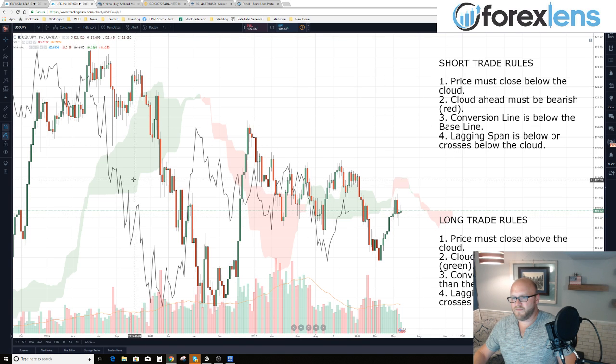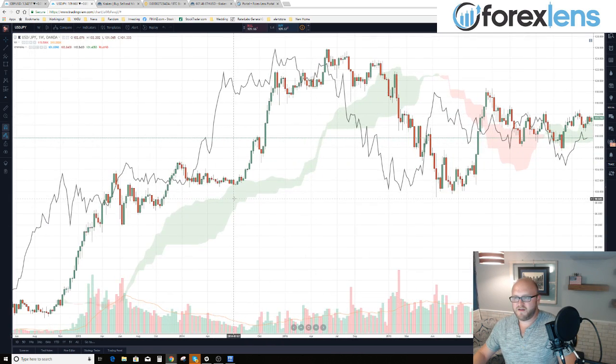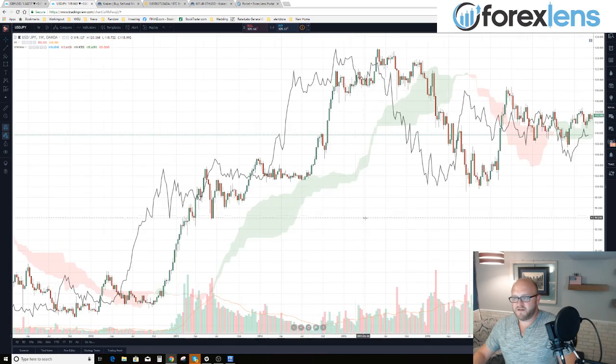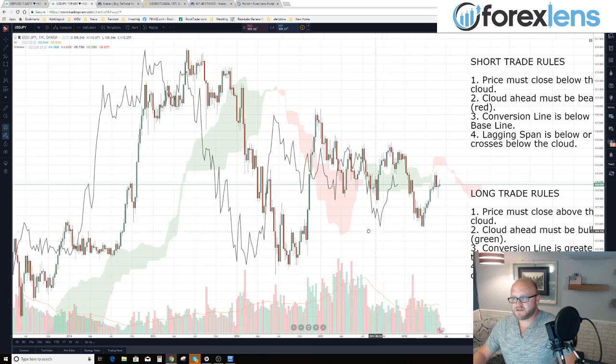Often all you need is a break of the cloud and a close above or below with the lagging span moving above or below it as well. That is often all you need for signals on the weekly chart.